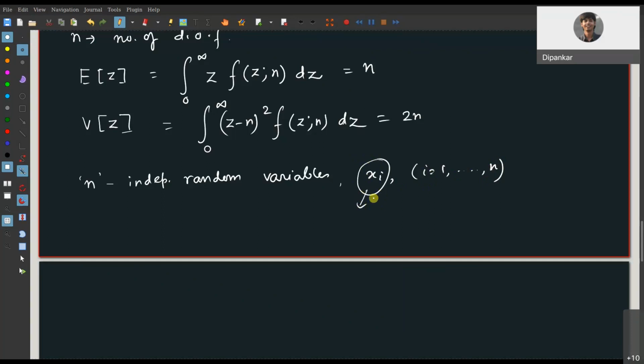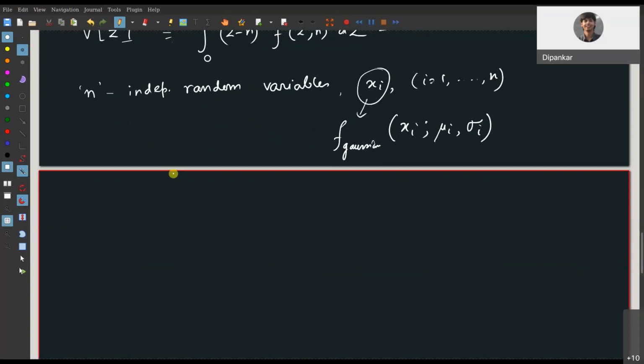So the distribution function of x_i is a Gaussian with mean mu_i and standard deviation sigma_i.